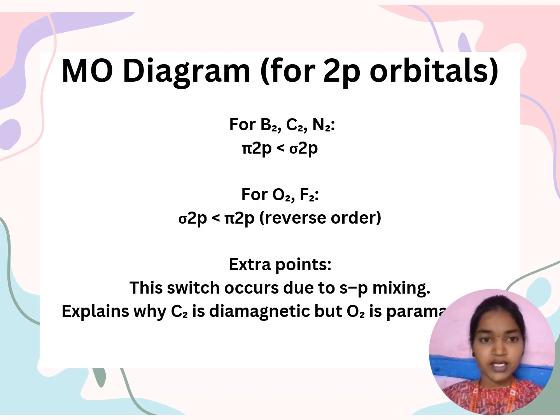By filling electrons according to this order, we can determine each molecule's bond order and magnetic nature. For example, B2 has a bond order of 1 and is paramagnetic due to 2 unpaired electrons in pi 2p orbitals. In contrast, N2 has a bond order of 3, corresponding to a strong triple bond.